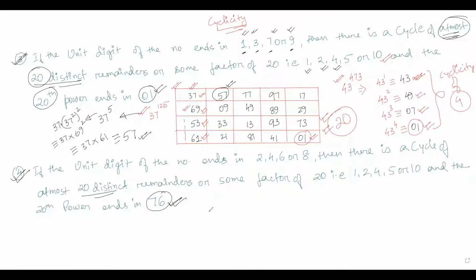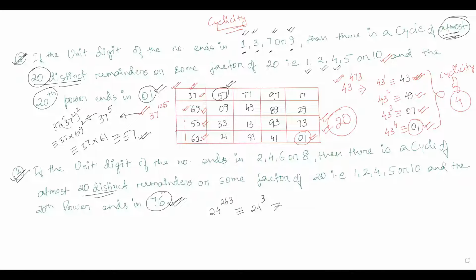For example, say I want to find the last two digits of 24 raised to power 263. We know that it would follow a cyclicity of at most 20 distinct remainders. So the last two digits of 24 raised to power 263 would be the same as 24 raised to power 3.